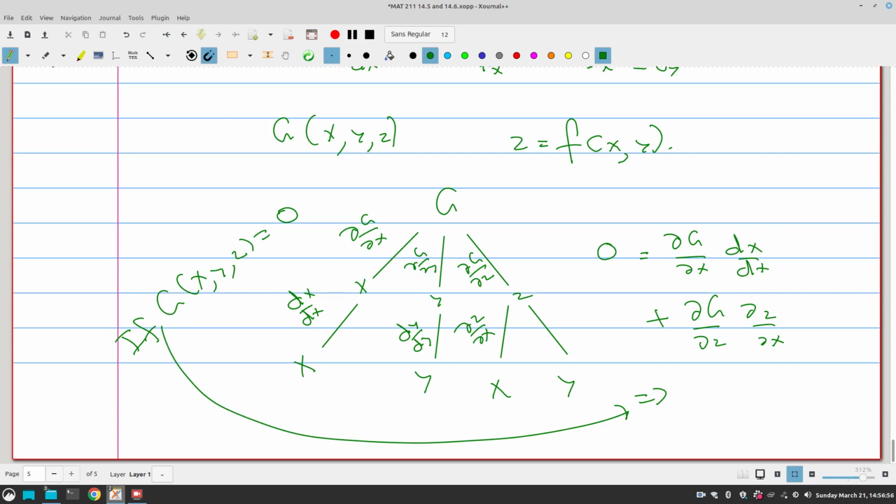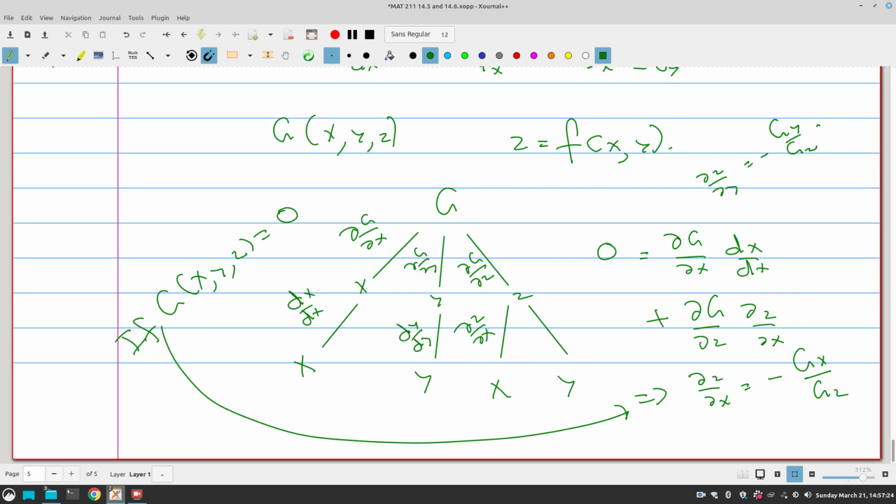So in that case, what is partial z over partial x equal to? Partial z over partial x is equal to negative g_x over g_z, right? And similarly, you can show that partial z over partial y equals negative g_y over g_z.